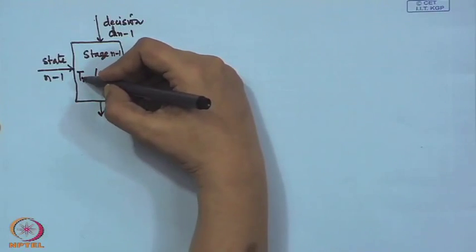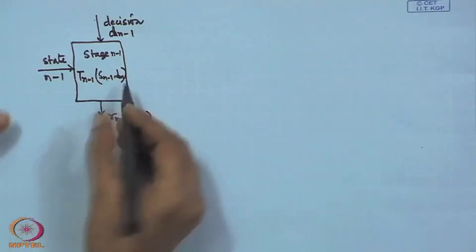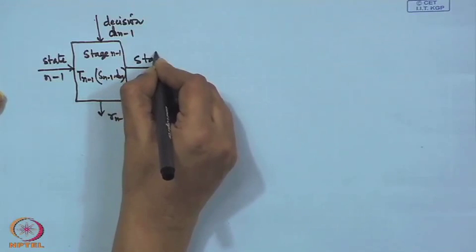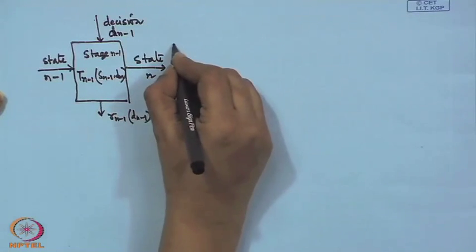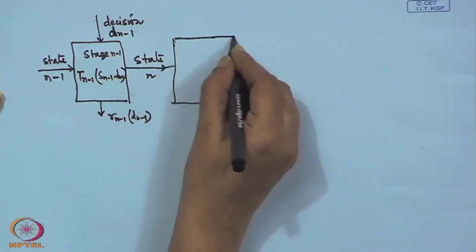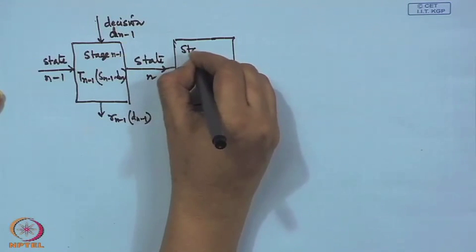The state transformation equation T n minus 1 is responsible for converting this state to the next state n, so that we can move to the next stage n. That is the basic idea of the multi-stage decision making process.